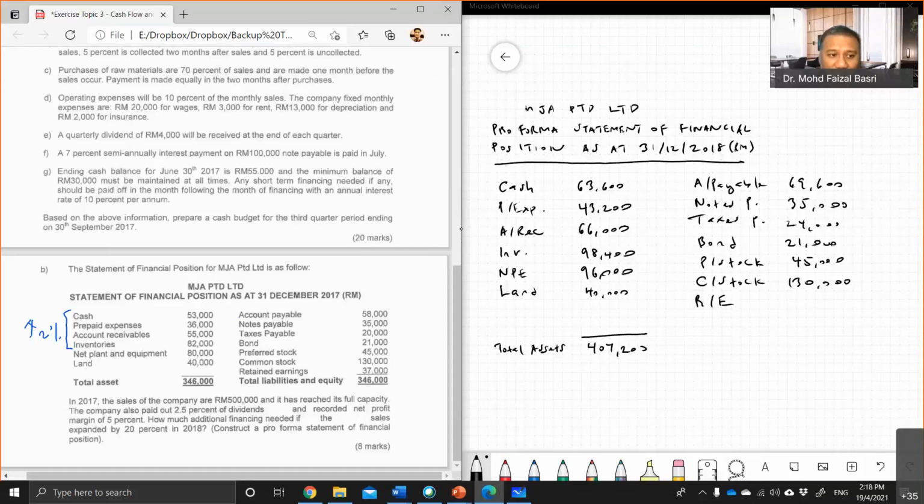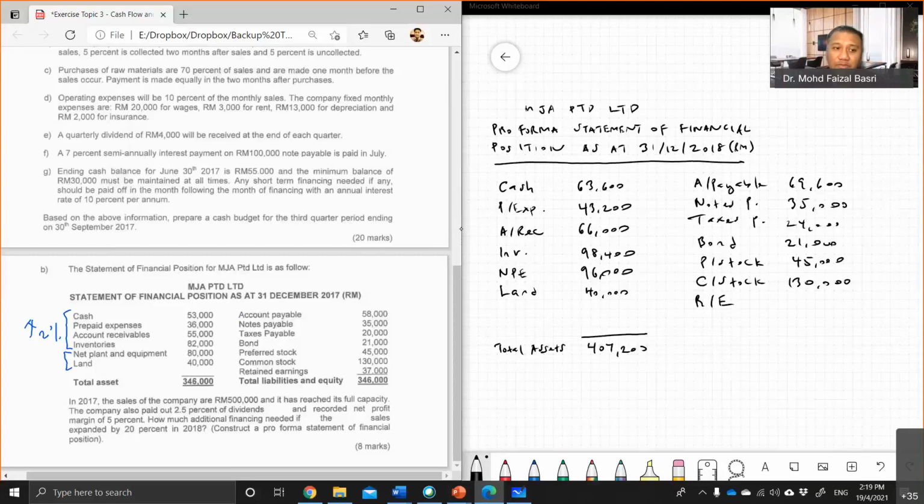So we have two fixed assets here. For this question, they specify the types of fixed assets. Therefore, the one that we want to increase is only the one related to the operation of the business. From the two, the one that relates to the operation of the business is net plant and equipment, and land is not related directly.